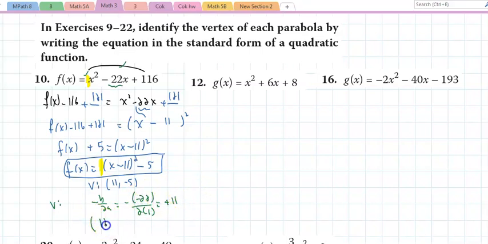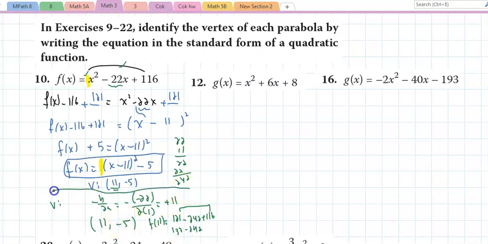And once I know that to be 11, I could plug it in and figure out what the y value is. That is, I could say f of 11 is actually 121 minus 22 times 11, 242 plus 116, and this turns out to be 137 minus 242, which is a negative 5. So you notice that this is a lot quicker to find than the alternative, completing the square.